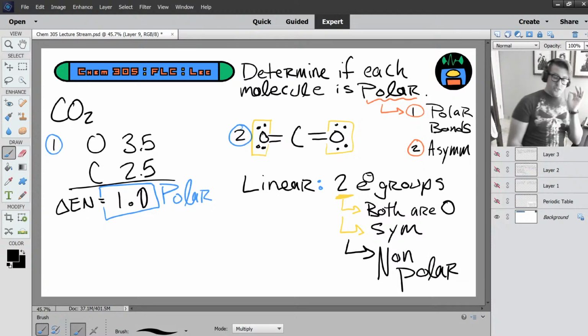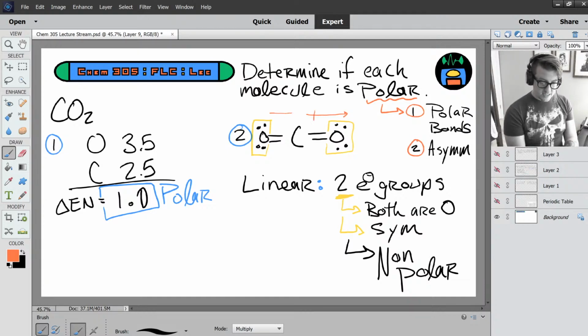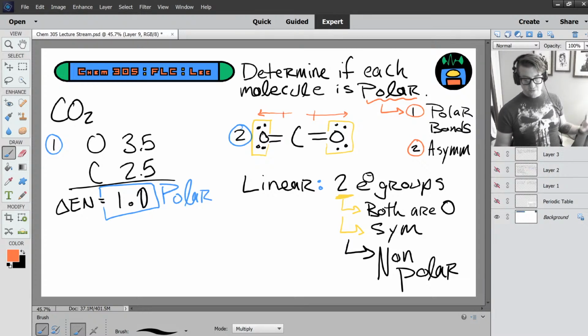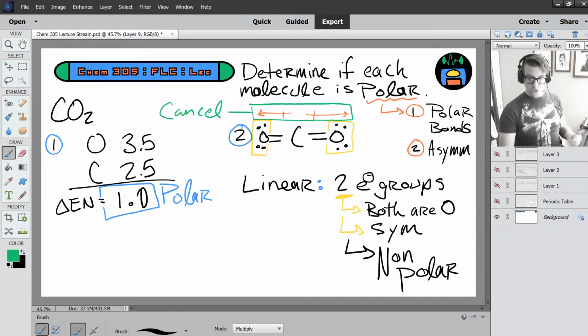All right, and the reason it's nonpolar, let's look at our dipoles. We know that the arrowheads are pointing towards oxygen, right? Because the electrons are pulled towards the oxygen, away from the central carbon. These dipoles cancel each other. They're pulling in opposite directions, away from each other.